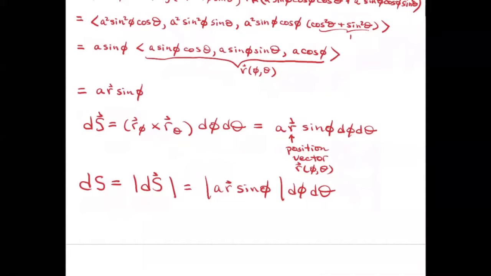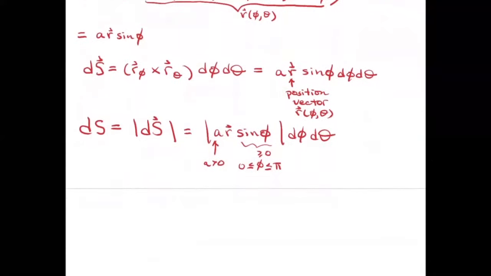Phi is between 0 and pi, so sine phi is in quadrant 1 and quadrant 2, so sine phi is greater than or equal to 0. So I can rewrite ds as the magnitude of r times sine phi d phi d theta.